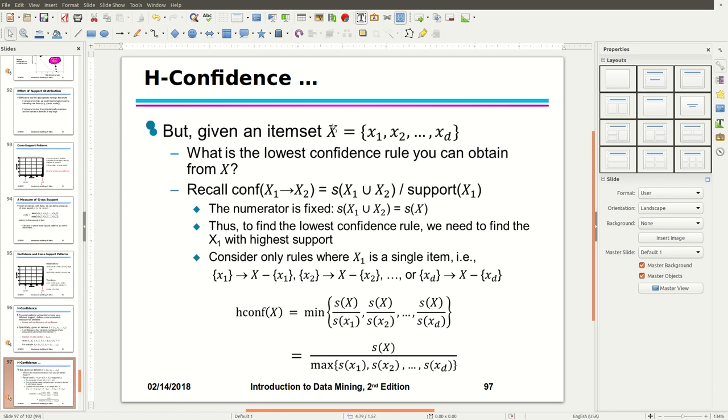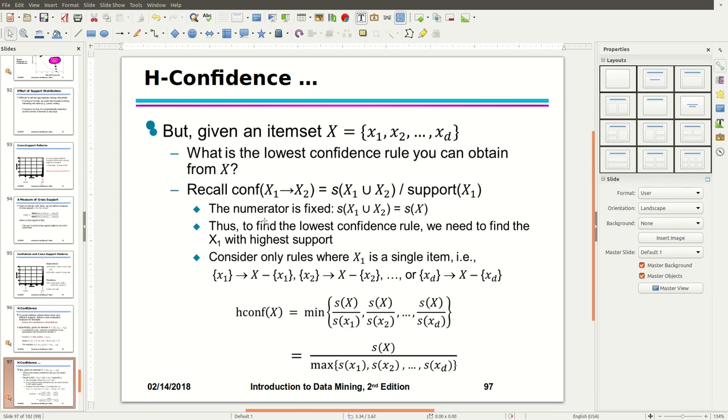Given an item set, again the same item set X, what's the lowest confidence rule you can obtain from X? The confidence of X1 implies X2 is the support of X1 union X2, so together those appear, divided by the support of X1.